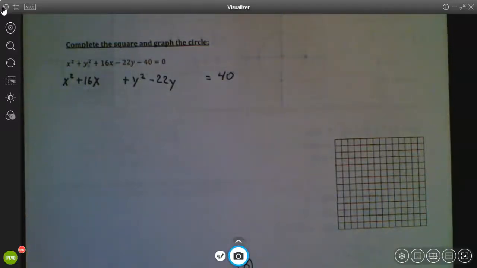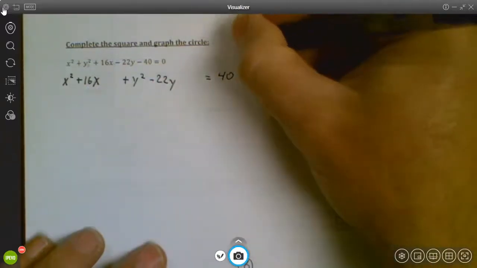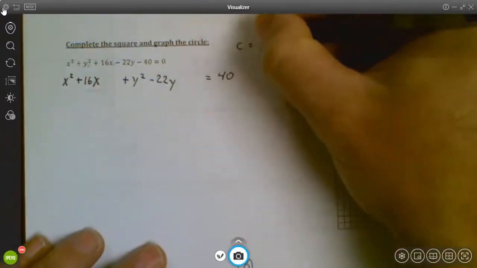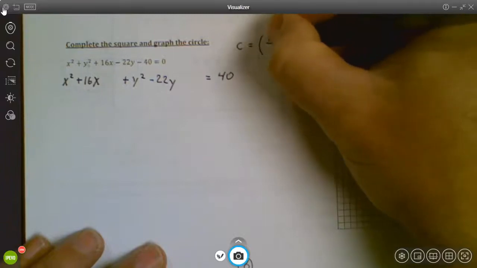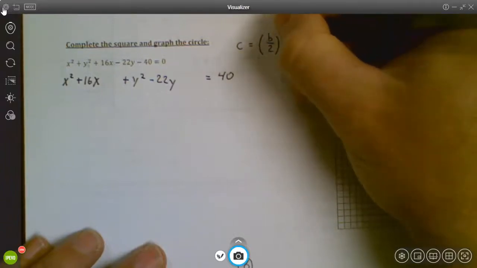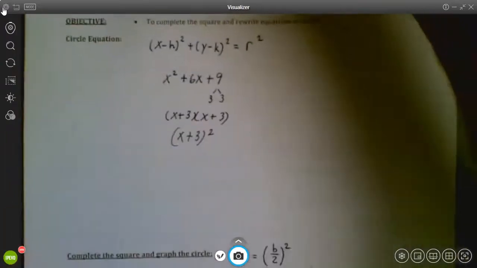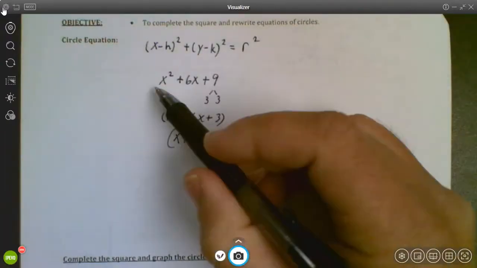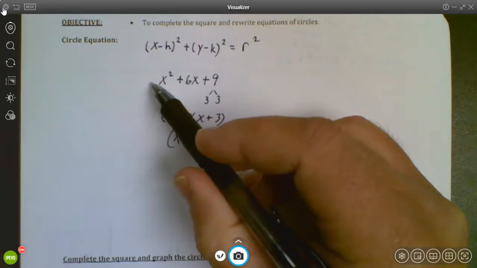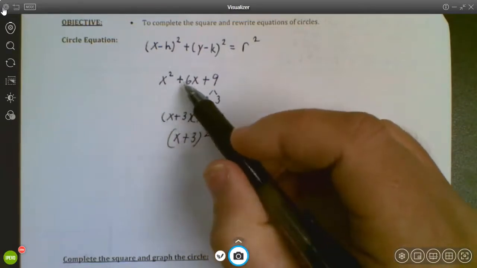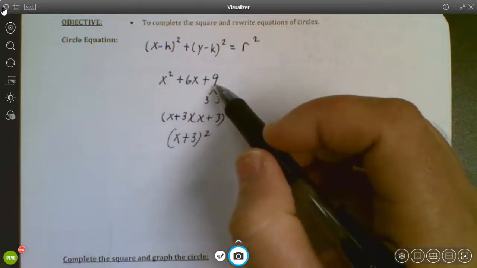Now we're going to complete the square, and if you remember the little formula that we used to complete the square looked like this. Remember, when you look at a trinomial, something with 3 terms, your a value is always in front of x squared, your b value is always in front of x, and your c value is always your constant.